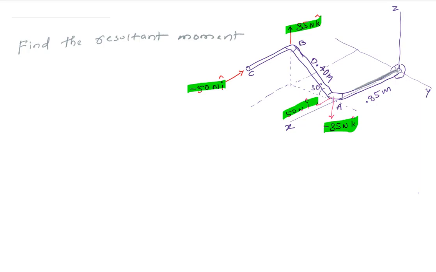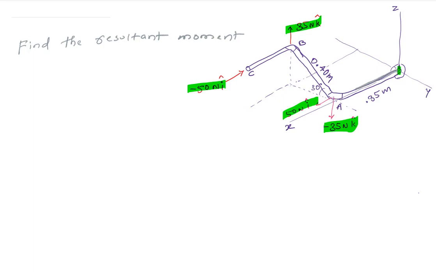So what we've done is we've assumed the coordinate system xyz in this fashion, so the origin is here. You can assume the origin anywhere, it really doesn't matter, but for our purpose we have assumed the origin to be here. These are the x, y, and z directions.